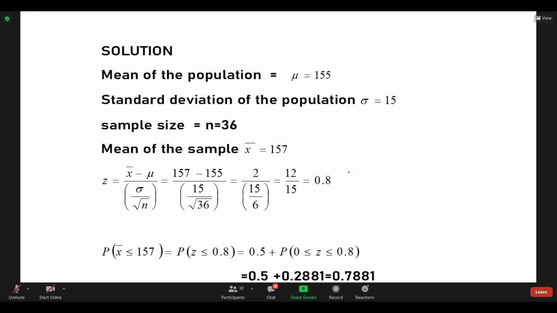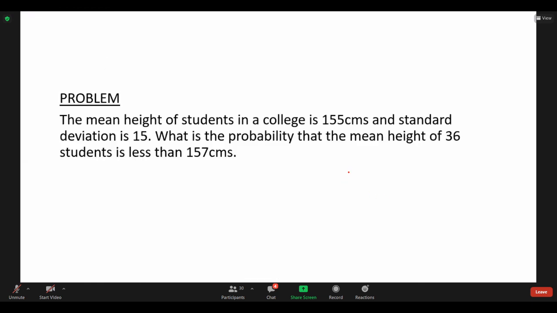I hope all of you understood the sampling distribution concept. If you still have any doubts, we'll discuss now.